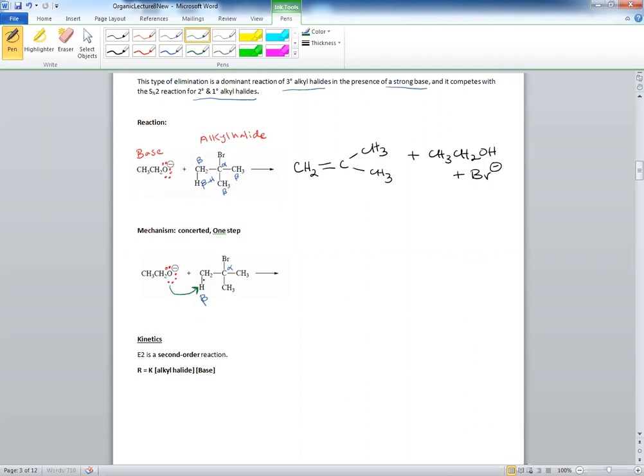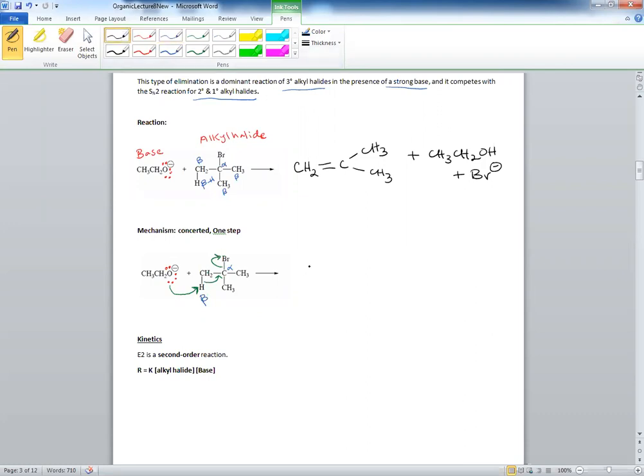So what happens instead is that those electrons shift and form a double bond. But again, that carbon cannot have more than 4 bonds, so a bond has to break and those electrons go to the Br.